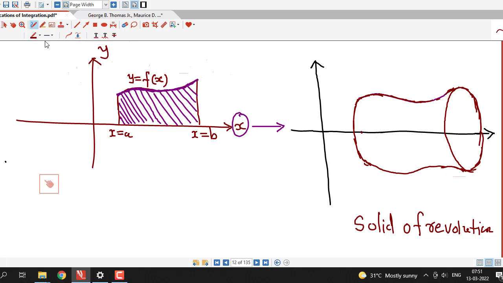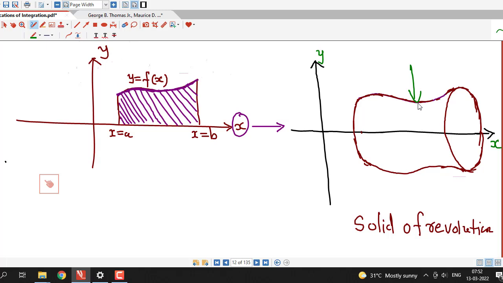For that we consider a cross section of this solid perpendicular to its axis of rotation. Here axis of rotation is x-axis. So we cut this solid by the plane which is perpendicular to x-axis.